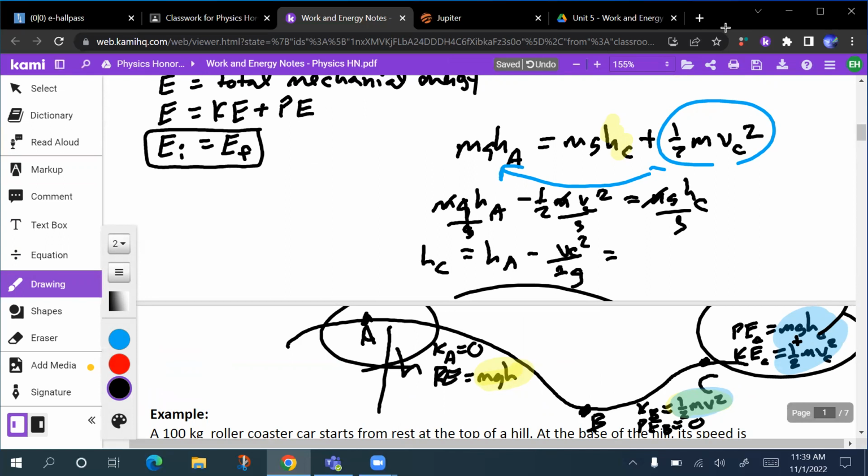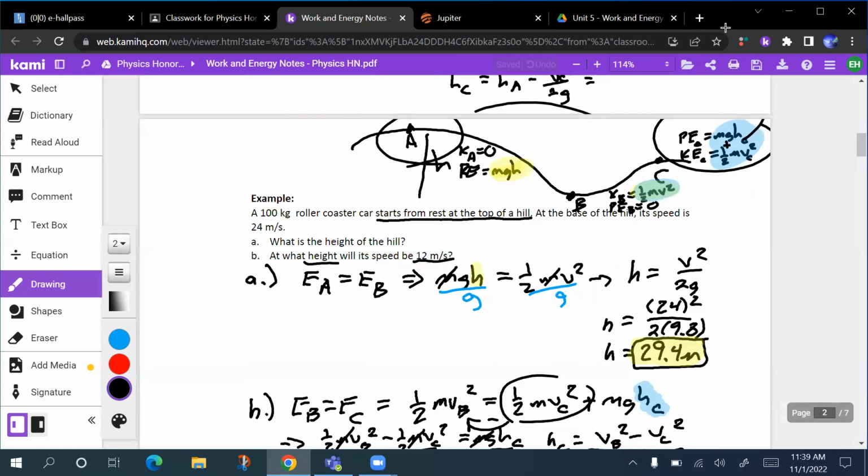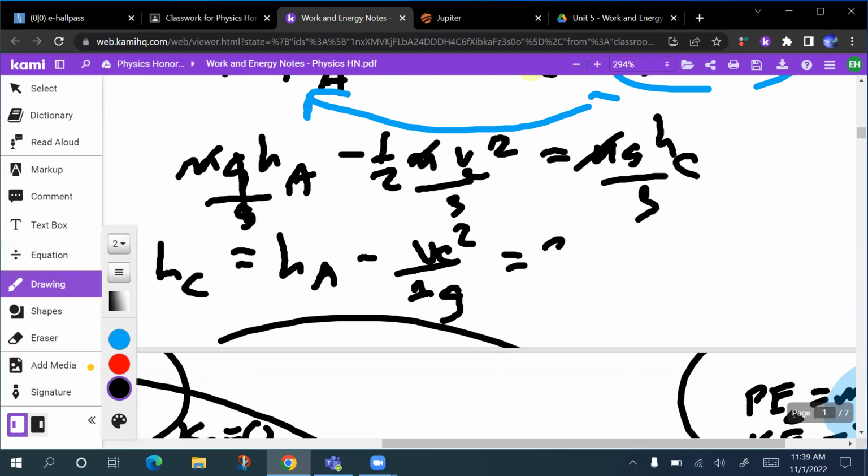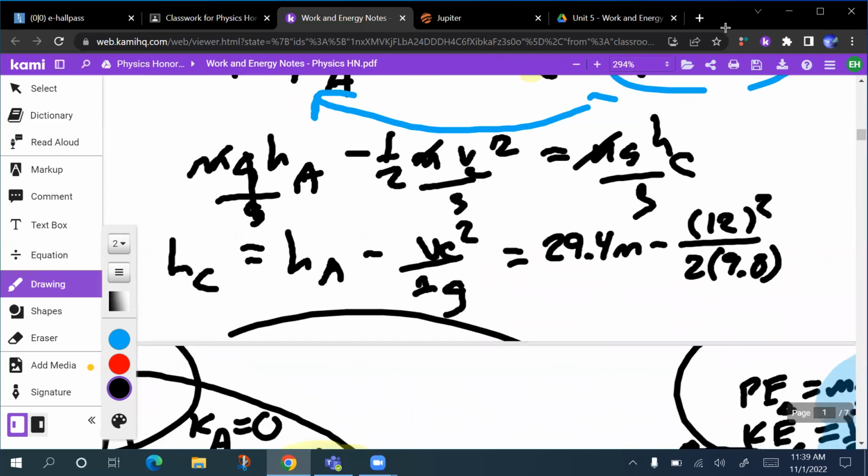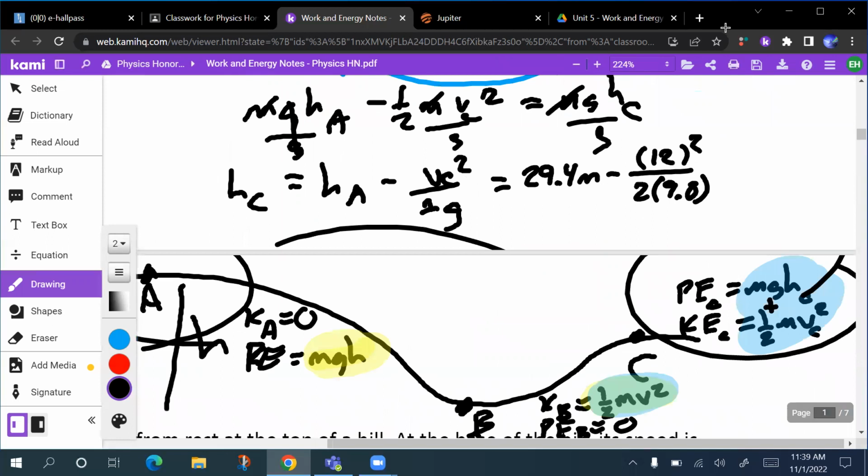So what was height A? We found that to be, what, 29.4? And then we're going 12 squared over 2g. And you can see we come out with the exact same solution.